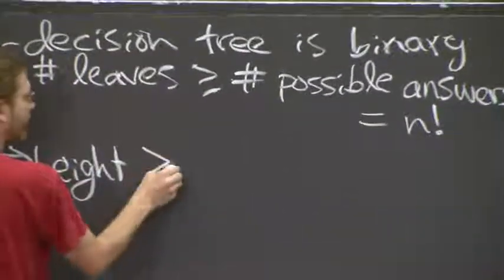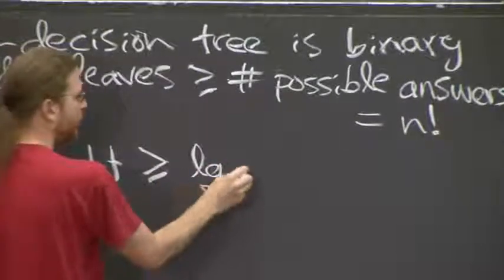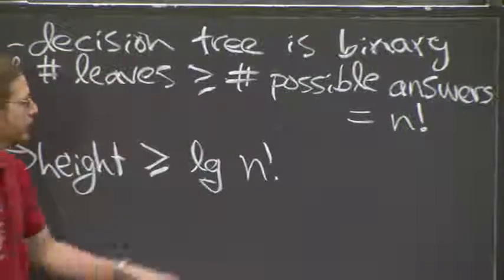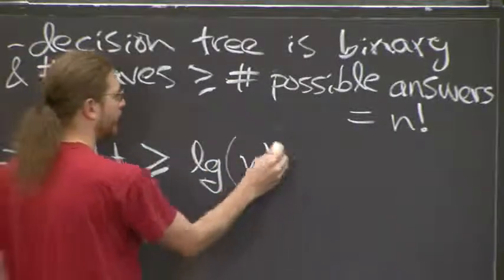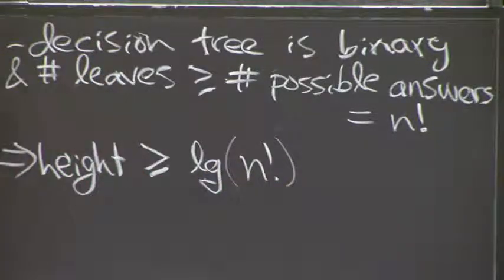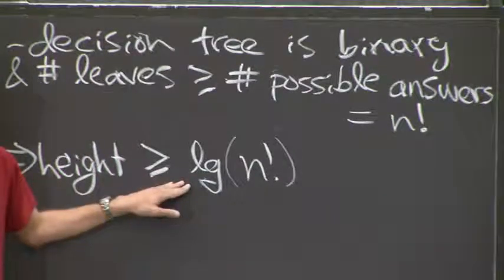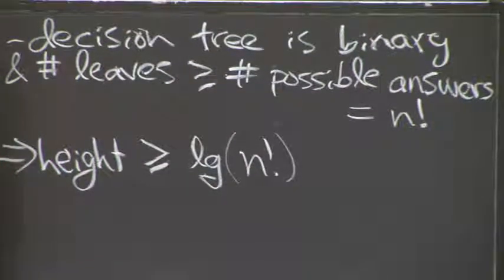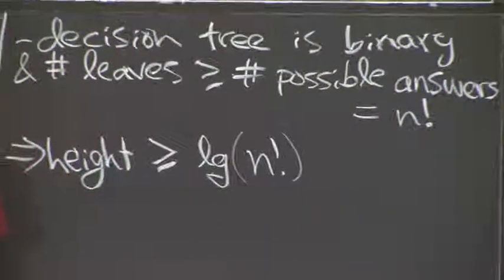Then the height is at least log base 2 of n factorial. Log base 2 because it's a binary tree. You can put parentheses here if you want. They're not necessary. So now I want to claim that this is n log n. How do I do that? Maybe you just know. Yeah?